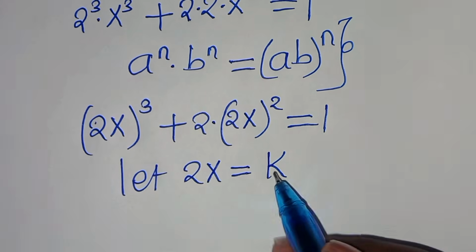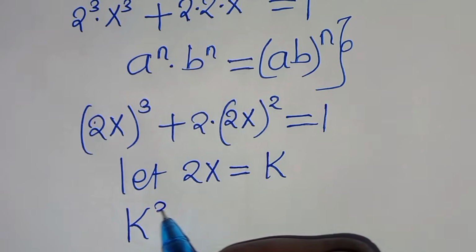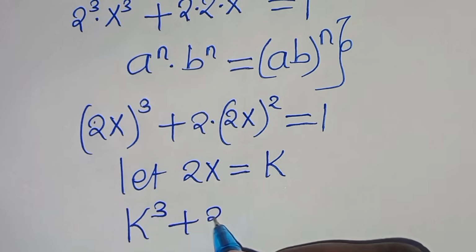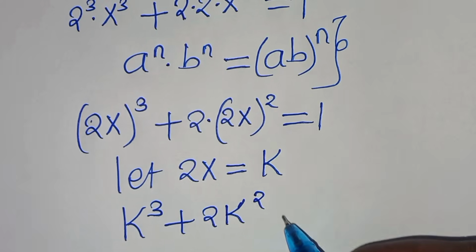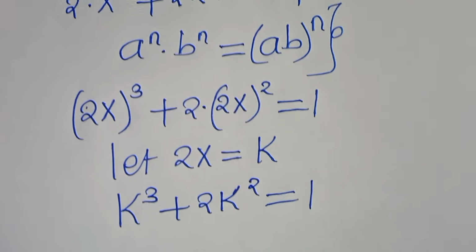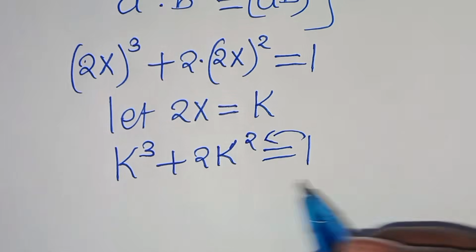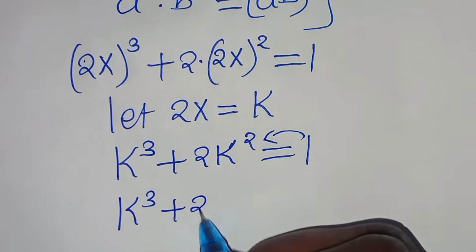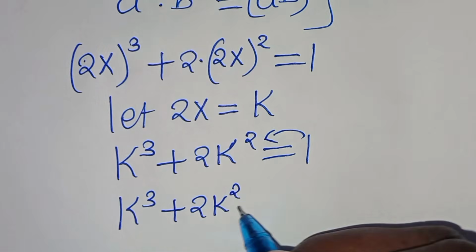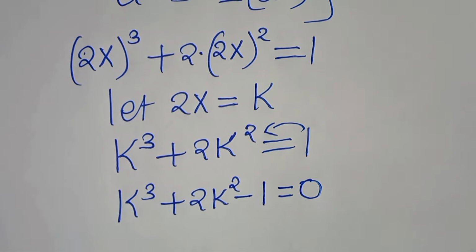Substituting, we have k to the power of 3 plus 2k squared, equal to 1. The next step is to take 1 to the left hand side, so we have k to the power of 3 plus 2k squared minus 1 equal to 0.